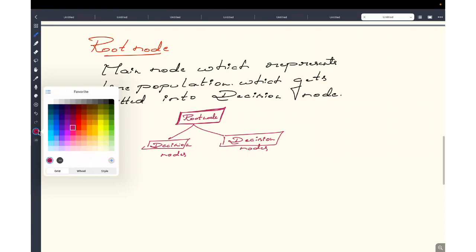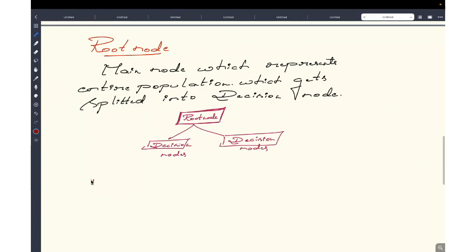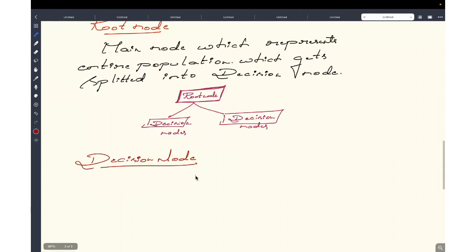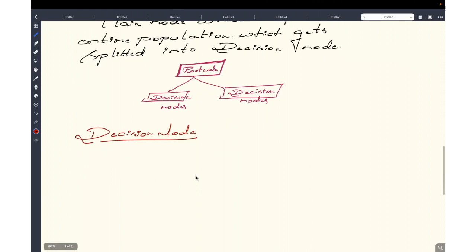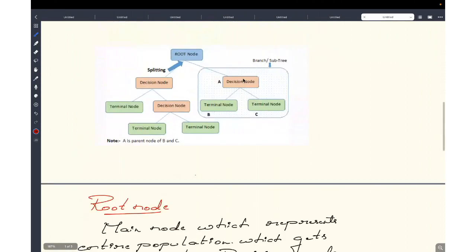Second one. So what is a decision node? You can see here, a decision node will be like a parent node, which gets split into further nodes.